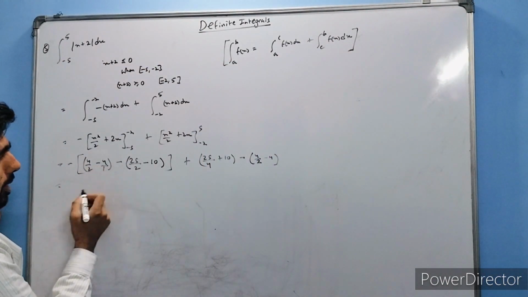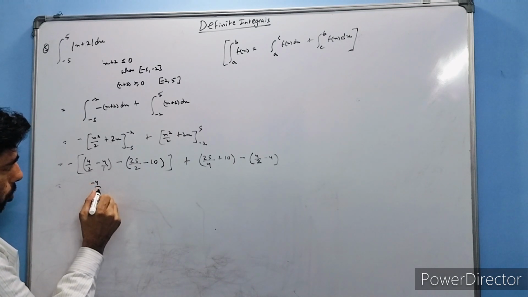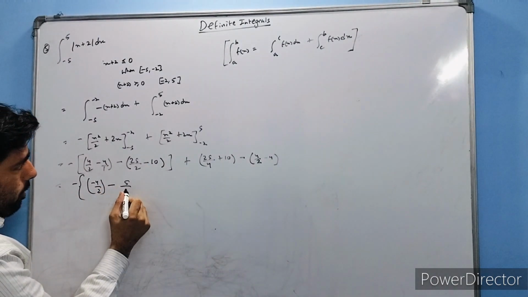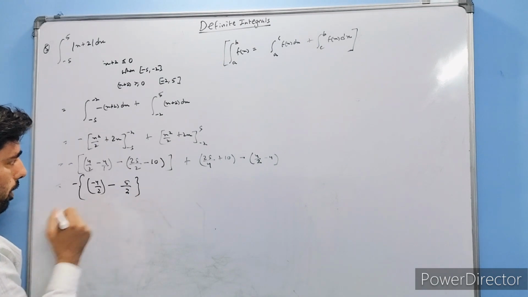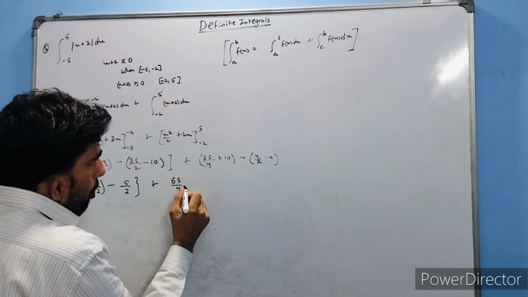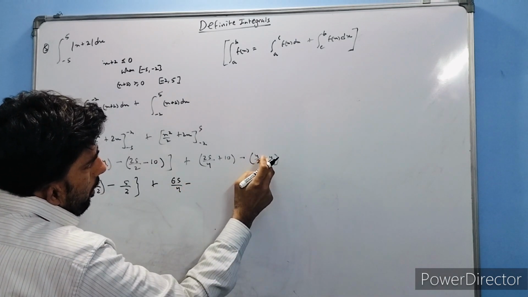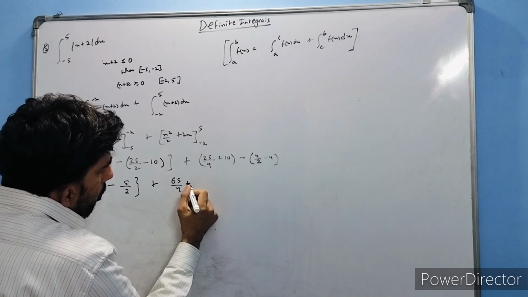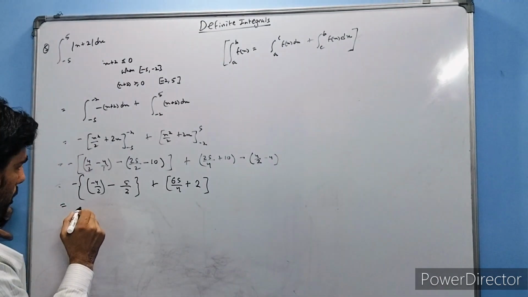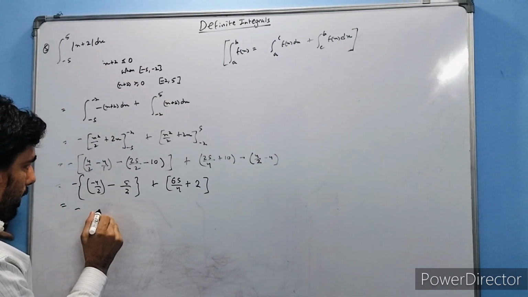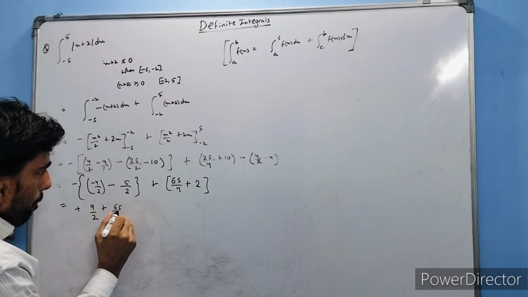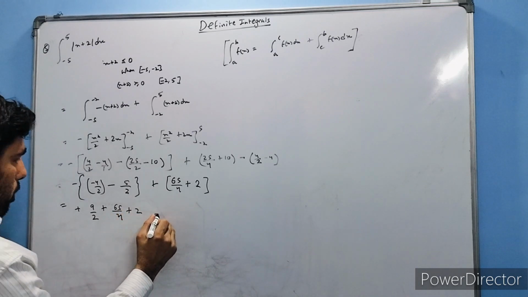After taking the LCM, I got 4 minus 8 minus 4 upon 2 minus 25 upon 2, and here 65 upon 4 minus 4 minus 8, and 4 upon 2 is 2. So finally I got my answer: minus 4 minus 9 upon 2 plus 65 upon 4 plus 2.